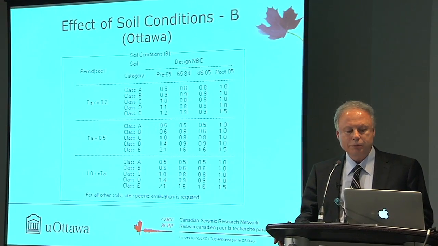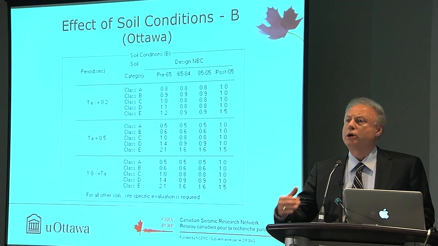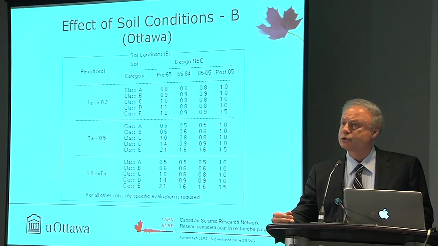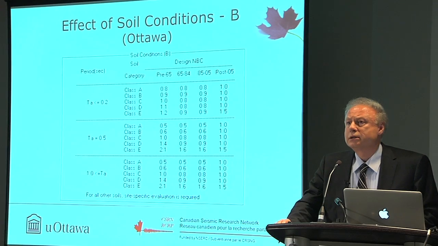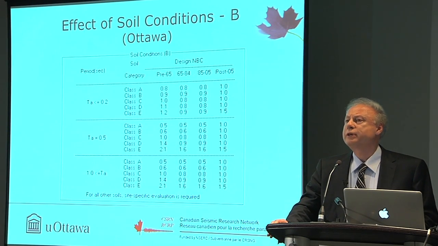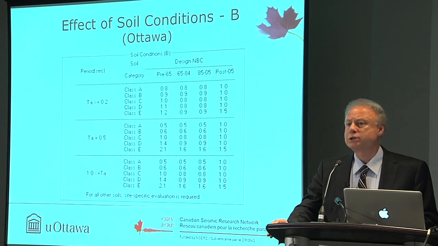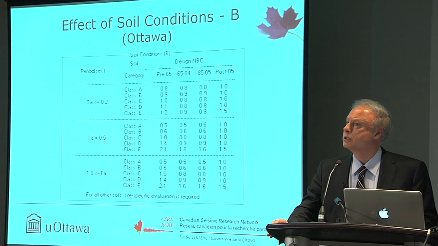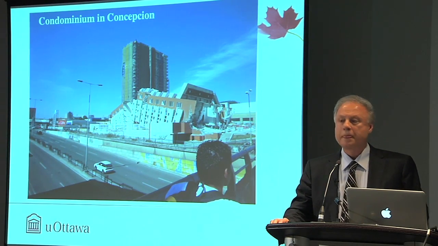And this is a table that shows the effects of different soil conditions, but to further complicate the matter, in our recent two editions of the code, we have recognized the fact that amplification is period dependent. So if you have a 1-story building versus a 10-story building versus a 20-story building, the amplification would be different, and that is incorporated now, and hence you see period values on the left-hand side.